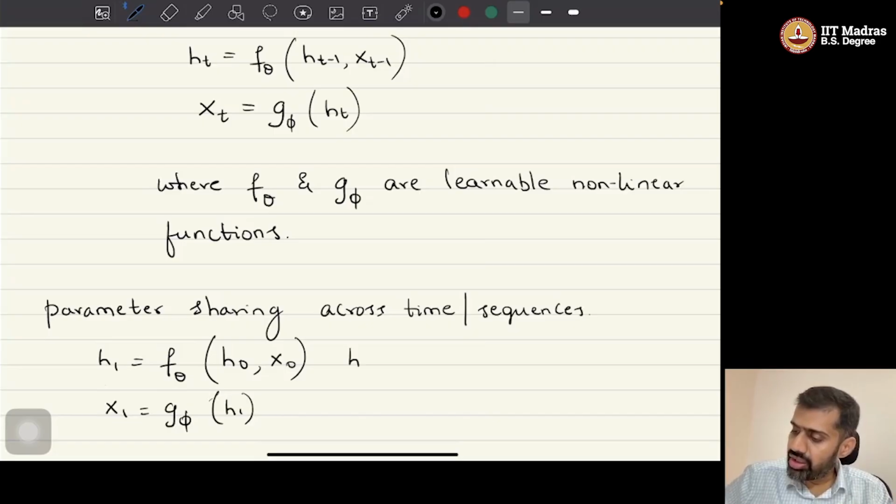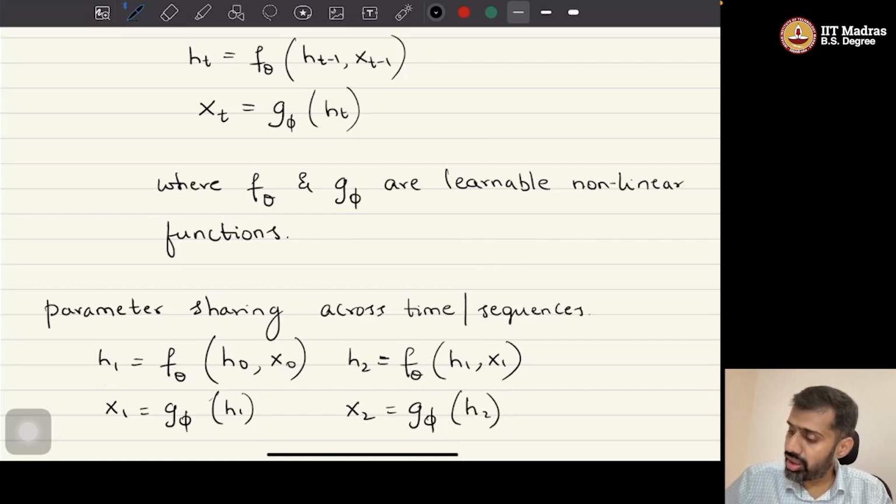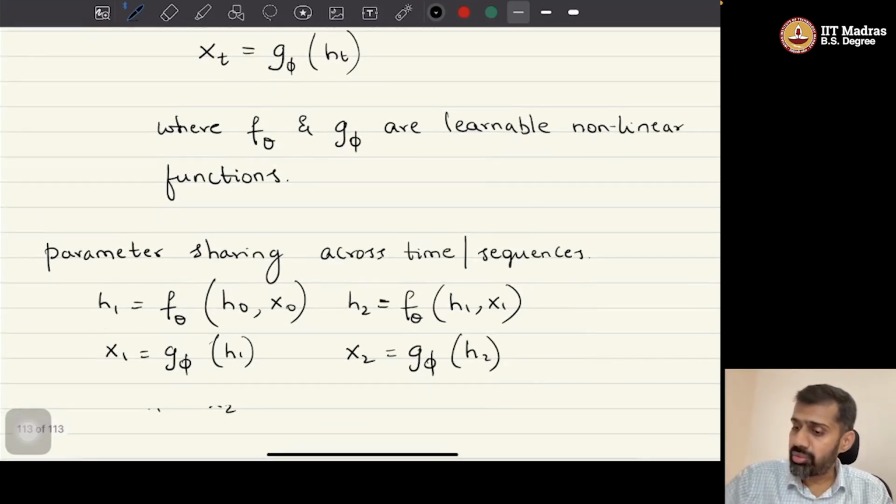And h2 is equal to f theta of h1 comma x1, and we have x2 equal to g phi of h2, and so on. So across time, no matter what time step we are looking at, theta and phi remain constant.